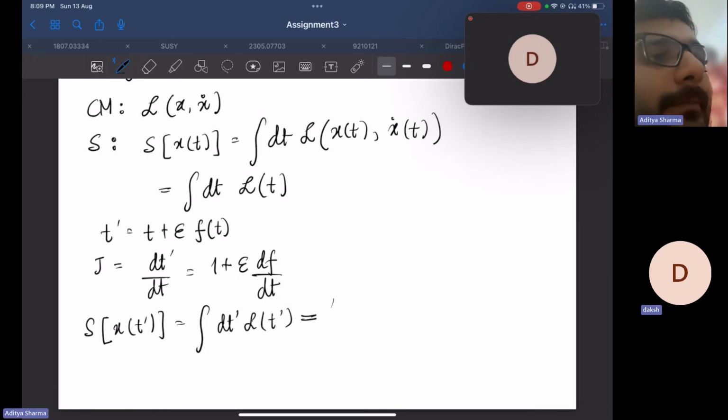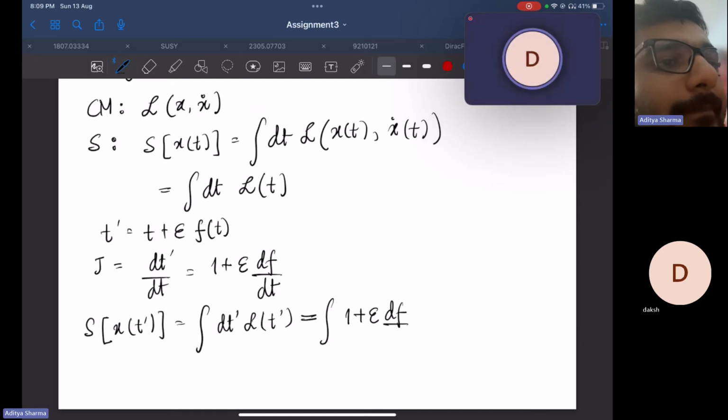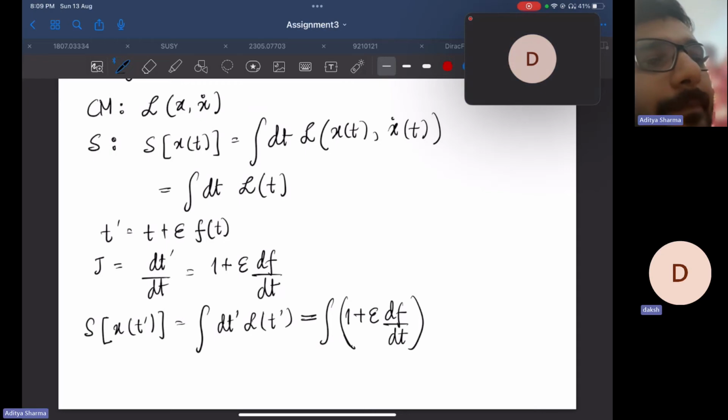This will give you the integral of 1 plus epsilon df by dt times dt, I'm writing dt prime, times L of t, which will become L of t plus epsilon f of t.